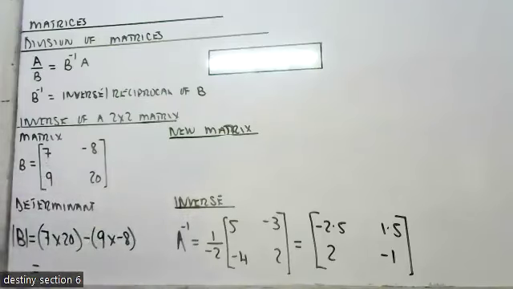So give me that answer. 7 times 20 minus 9 times minus 8. What is the determinant?